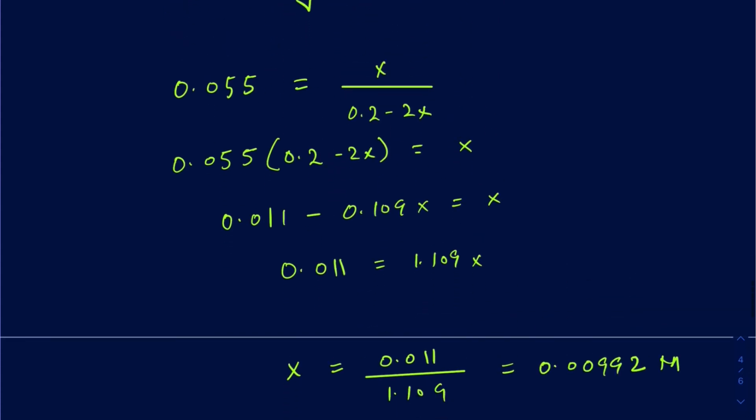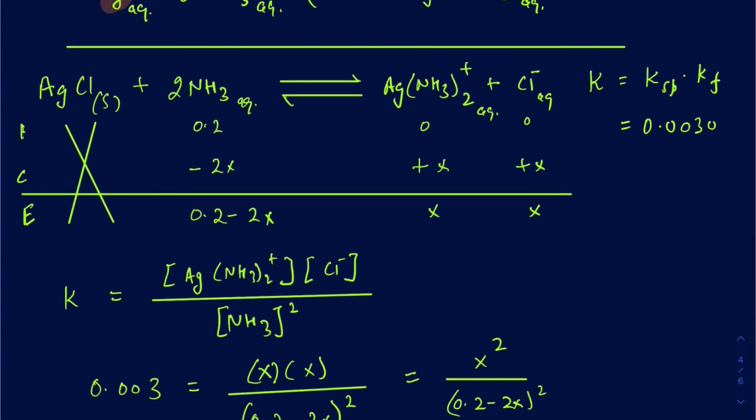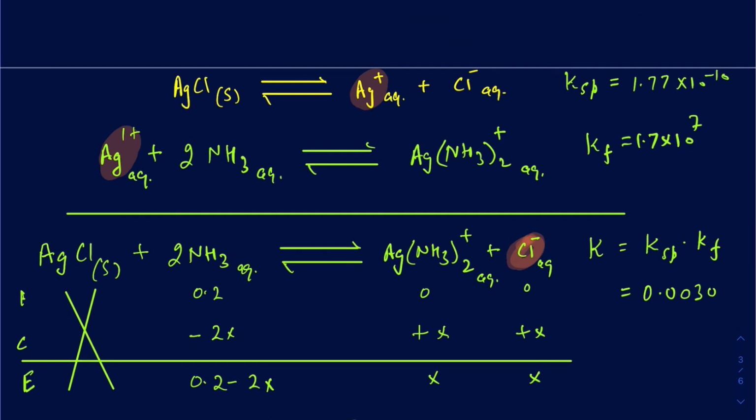If you go back and figure out what the x value is, your x is going to be representing the Cl-. That was one of the products that we were making when you had the AgCl broken into the ions. So that would have been your molar solubility.